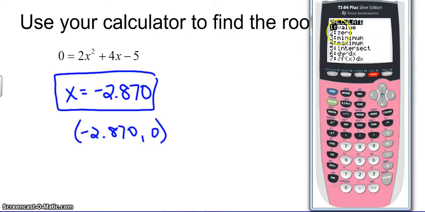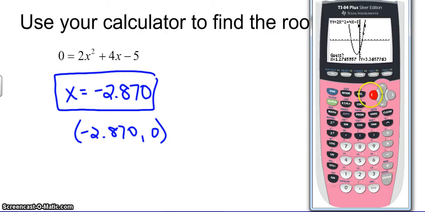I'm looking for the zeros of this quadratic. This time I want to look over here at the 0, so I'm going to move my spider somewhere to the left, press enter. There's the 0, so I need to go a little bit to the right. Press enter. It's having me look between these 2 little bars right there.